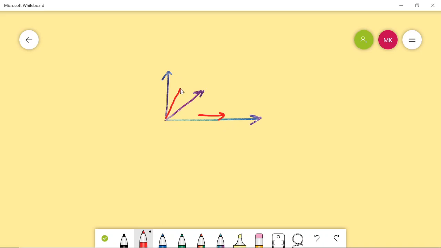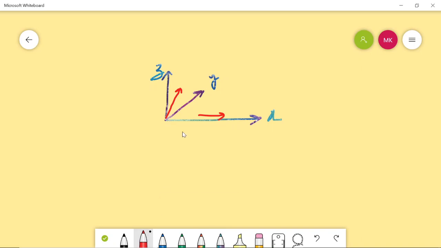So maybe this is the electric field. For simplicity, we can assume that the z component is also 0 and it will lie along y. If this is y, this is z and this is x, we assume that the Ez component is 0 and we have only this component.